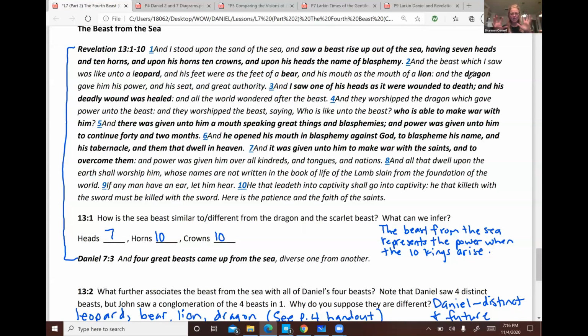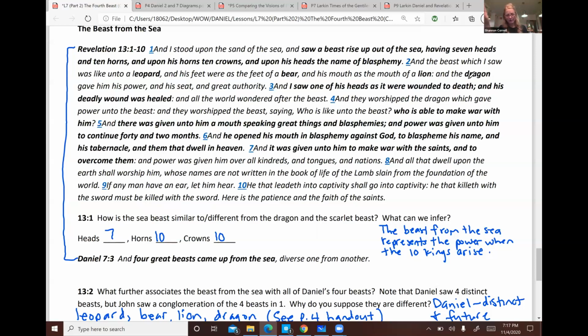So once again, John is seeing this conglomeration into a single beast, but it's like a leopard, bear, lion, dragon. Daniel saw them as four distinct separate beasts, which means they were going to be rising at discrete moments in time on the timeline. By the time we get to the end, we realize, oh, it's all the same beast.